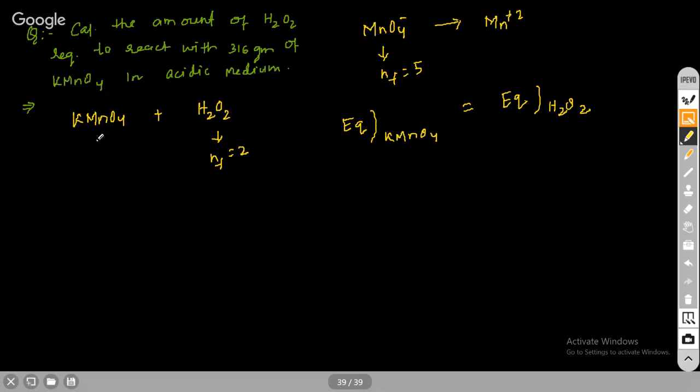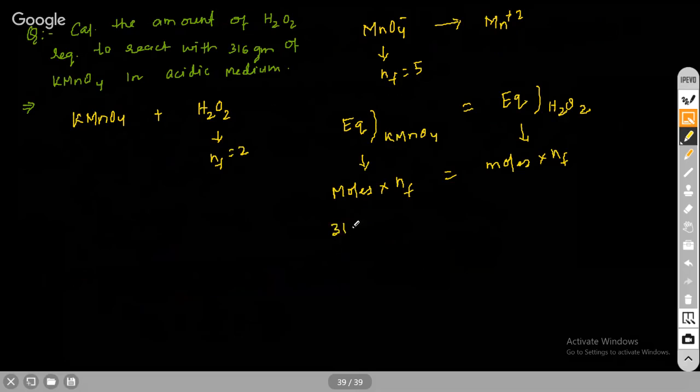It is the number of moles into n factor, because normality or molarity is not given. Here also it is moles into n factor of H2O2. This is for H2O2, this is for KMnO4. So the number of moles of KMnO4 will be what?